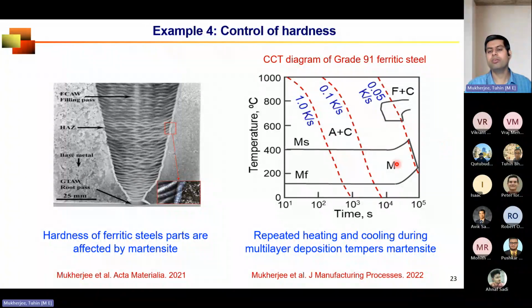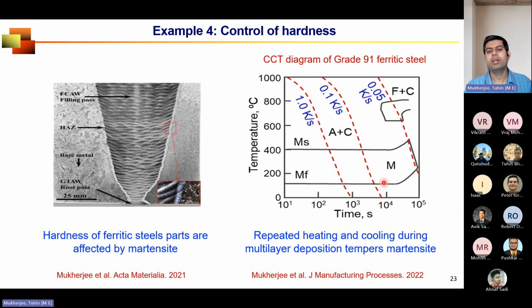And if you want to process this material using additive manufacturing, we are talking about cooling rates of 1000, 10,000, 100,000 Kelvin per second. So no matter how you process, you will always form martensite for this material. Okay, that part we understand.